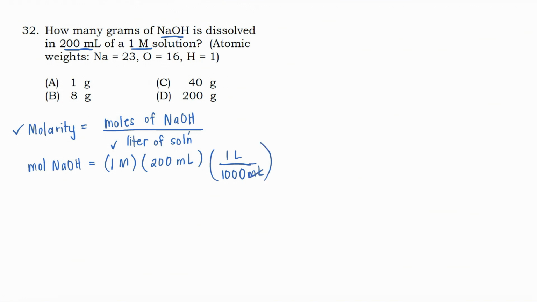Makakancel yung ml. And then, yung makukuha nating sagot is 200 divided by 1,000, so 0.2 mole ng NaOH. And then, kung maaalala nyo yung parati natin ginagamit na formula, yung number of moles is equal to the mass over the molar mass.